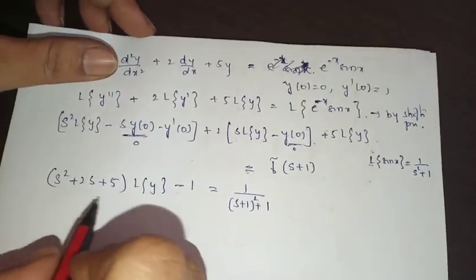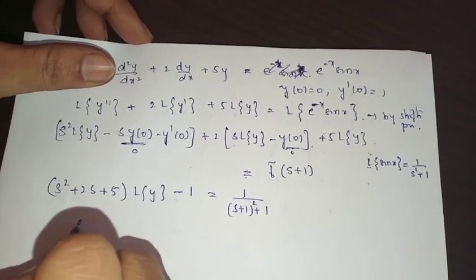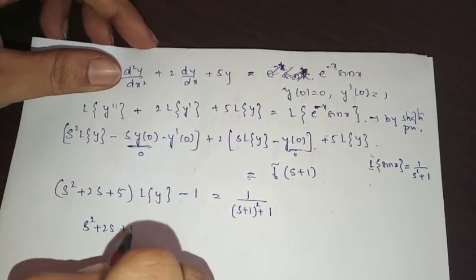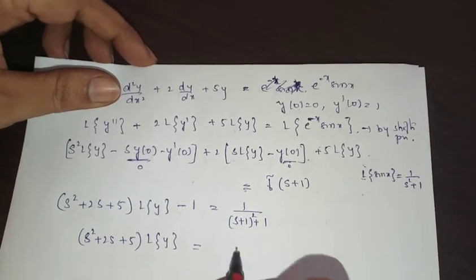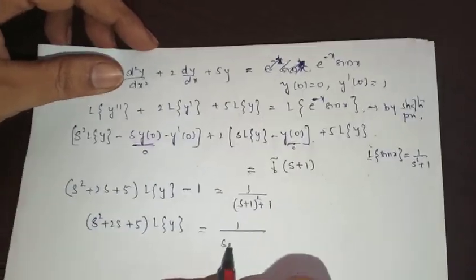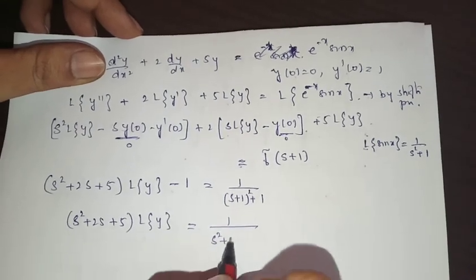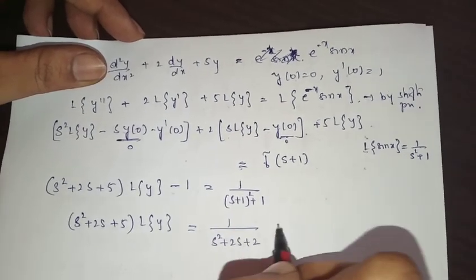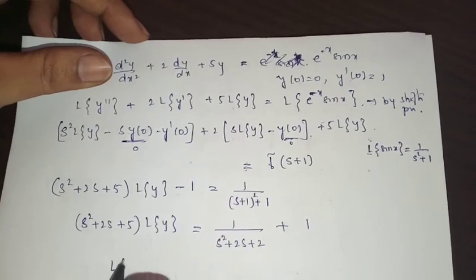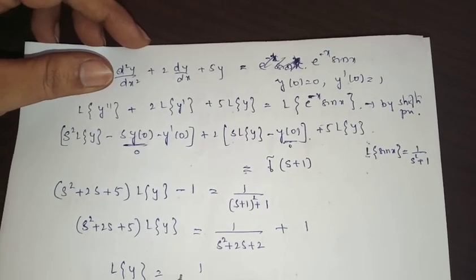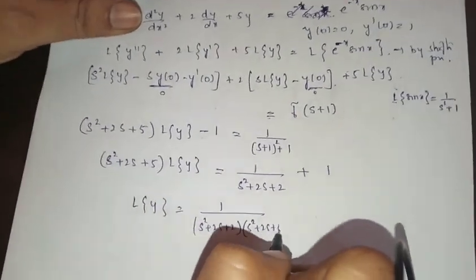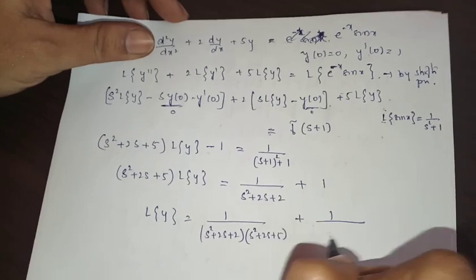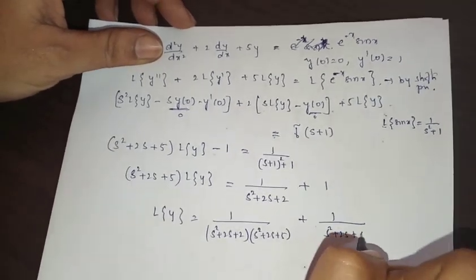So now you can write this as (s square plus 2s plus 5) into Laplace transform of y is equal to 1 by (s square plus 2s plus 2) plus 1. So Laplace transform of y will be 1 by (s square plus 2s plus 2)(s square plus 2s plus 5) plus 1 by (s square plus 2s plus 5).